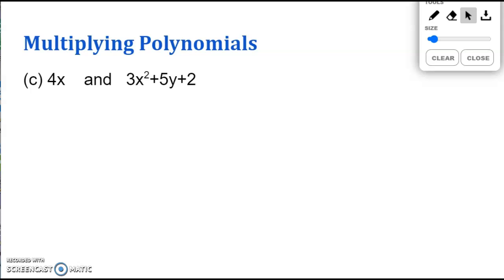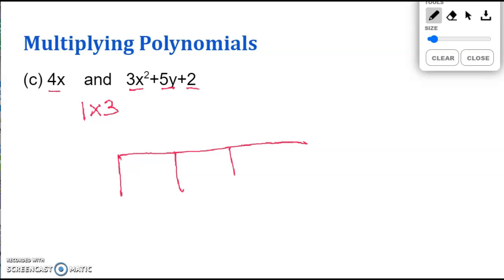What about this one? How many terms are we dealing with? Just one term here, but 3 terms there. That means we need to draw a 1 by 3 box.